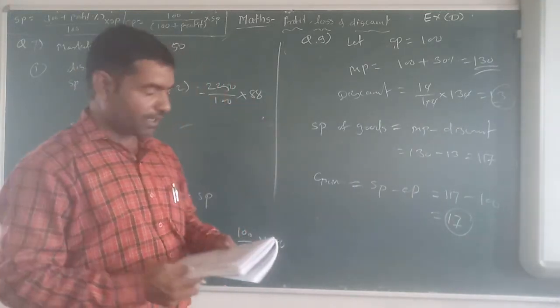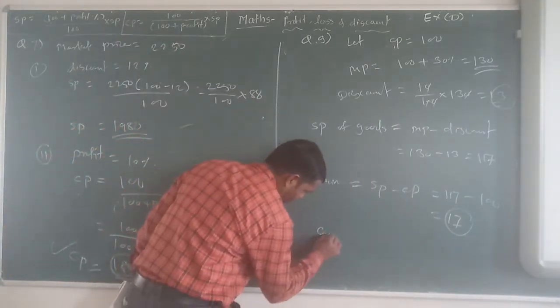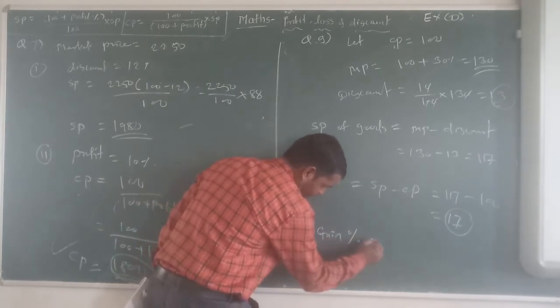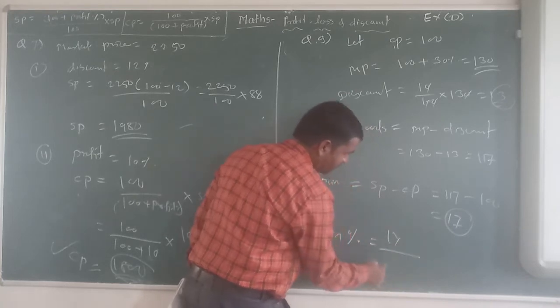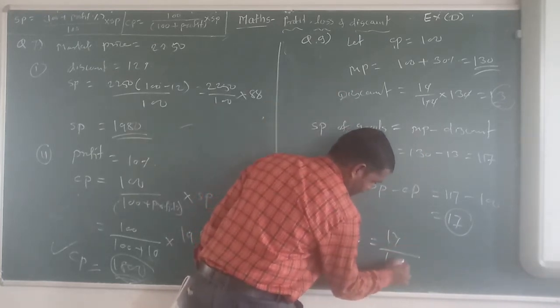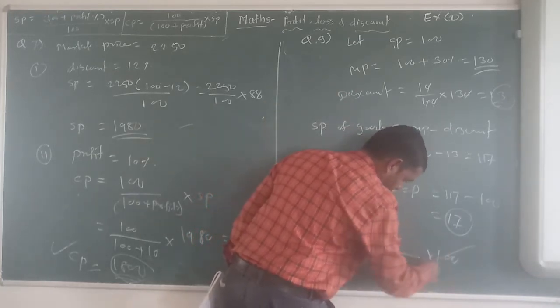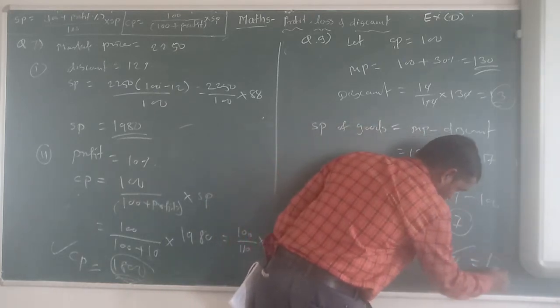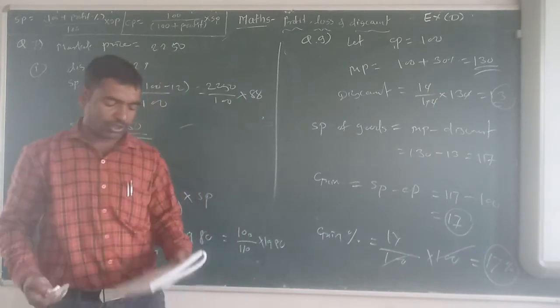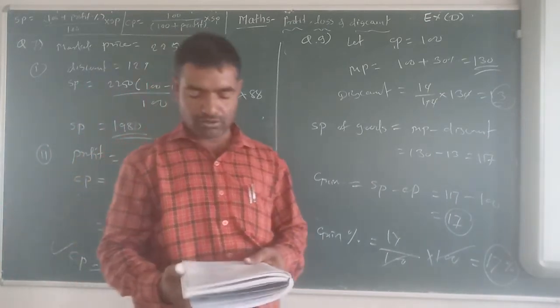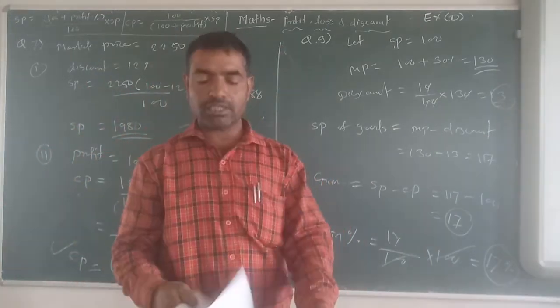Then we have to find the gain percent. Gain percent is equal to gain upon CP, 17 upon 100, multiplied by 100. The 100s cancel, so gain will be 17%. Got it now? After that we will see the next question.